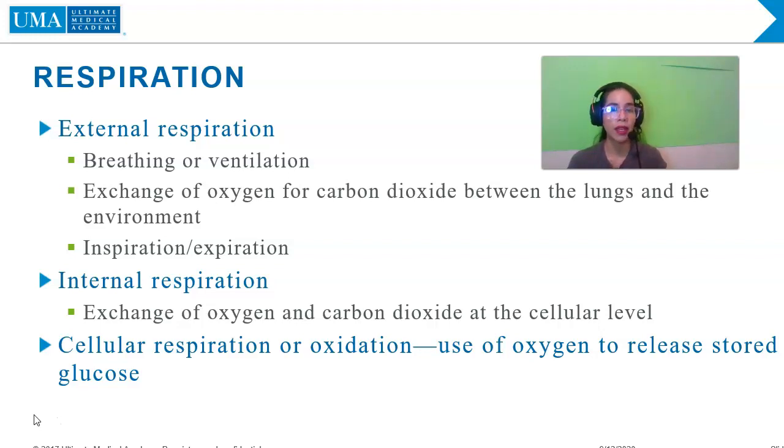Inspiration, breathing in; expiration, breathing out. Internal respiration happens between the exchange of oxygen and carbon dioxide, but at the cellular level. Cellular respiration is also known as oxidation, which is the use of oxygen to release the stored glucose, and the cells do this in order to make energy.